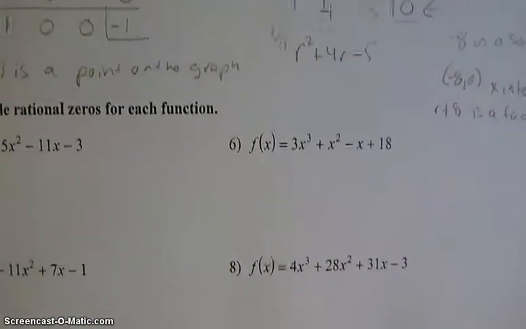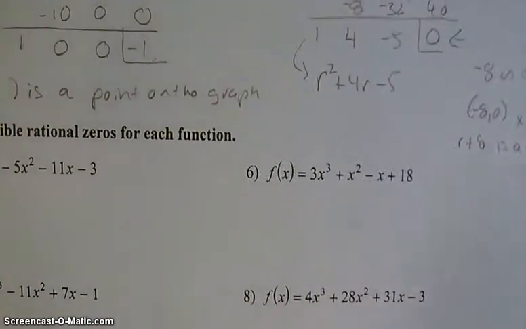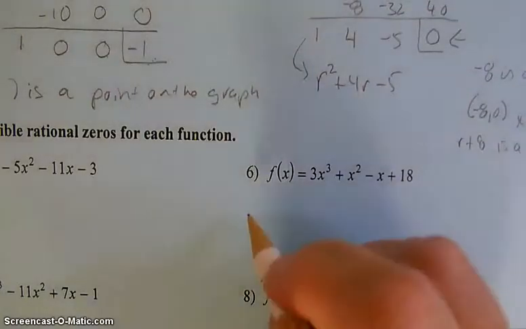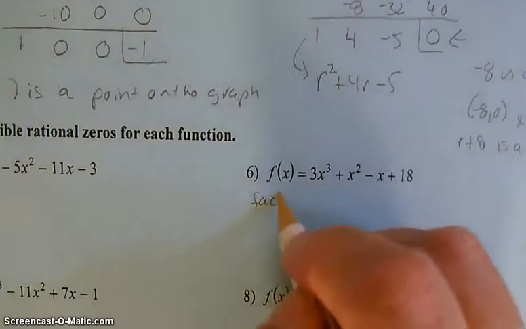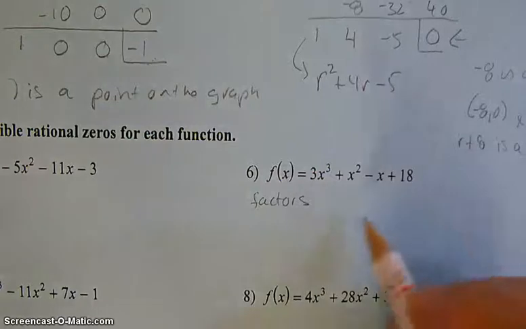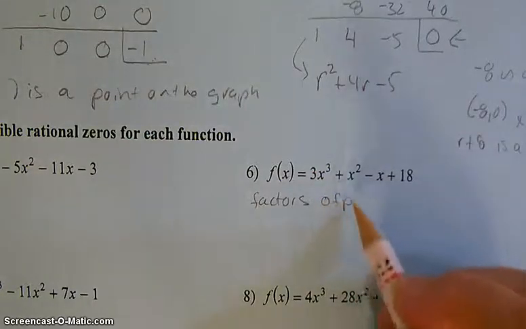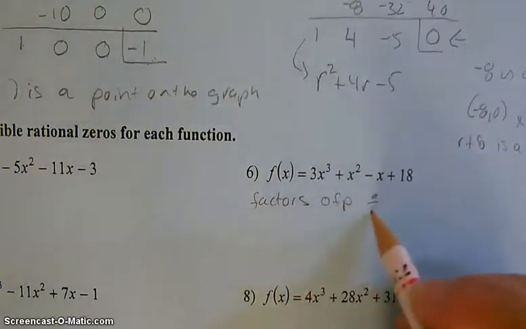Okay, on 5 through 8, we're going to be fine just stating the possible rational roots, rational zeros, for each function. So remember, the rational roots are the factors of p divided by the factors of q.